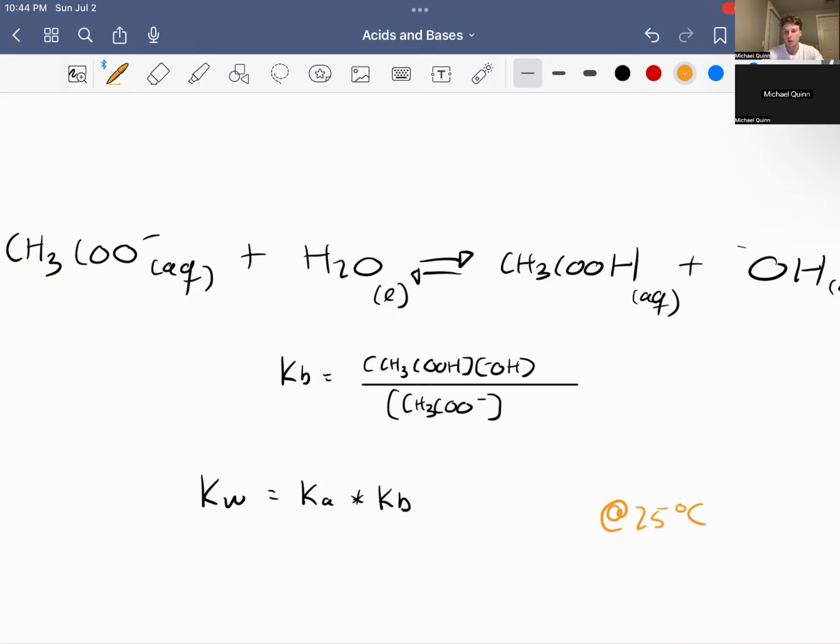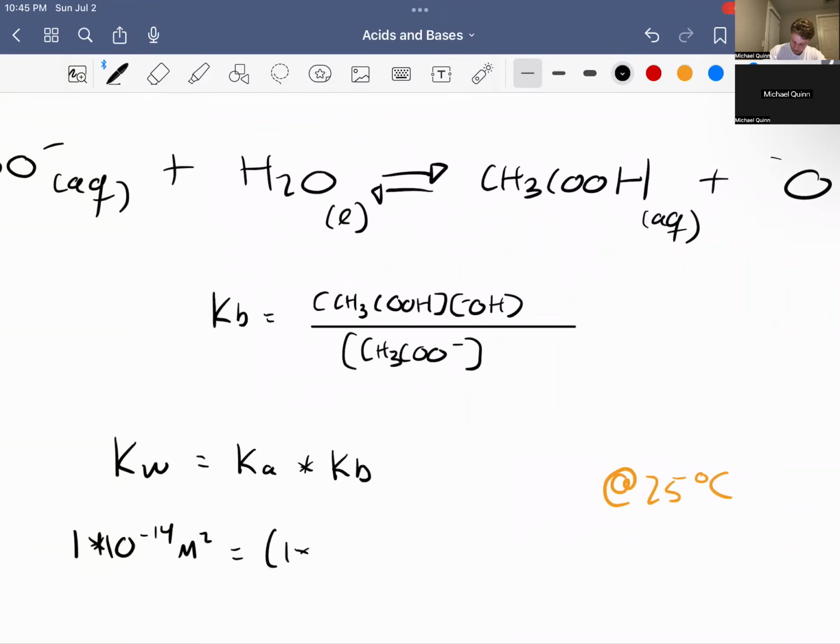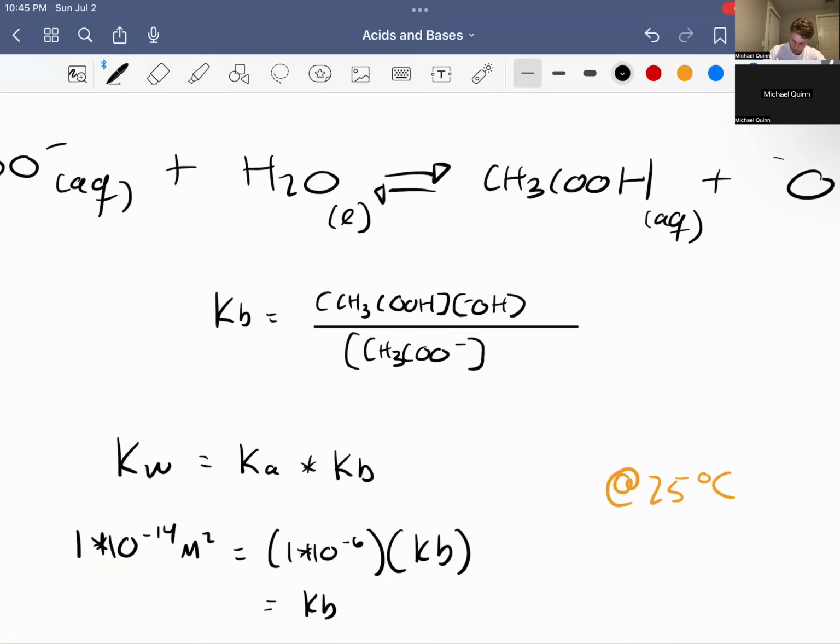So as long as we are at 25, we can say that 1 times 10 to the negative 14 molar squared equals Ka, which is 1 times 10 to the negative 6, times Kb. If we want to solve for Kb, all we need to do is divide, and Kb will be equal to 1 times 10 to the negative 8 molar.